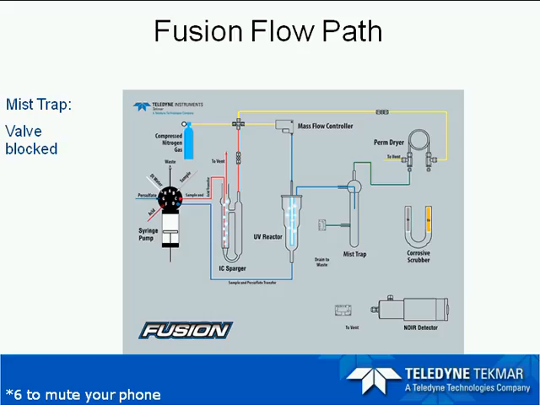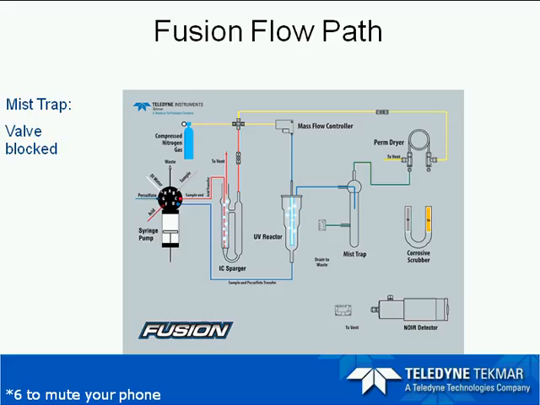But one point I do want to make here that's very important is that the entire system is now under pressure. As soon as we began sparging of the UV reactor and sending the flow through the mist trap to the perm dryer, the exit valve of the detector has shut off. So now we're closing the entire system.